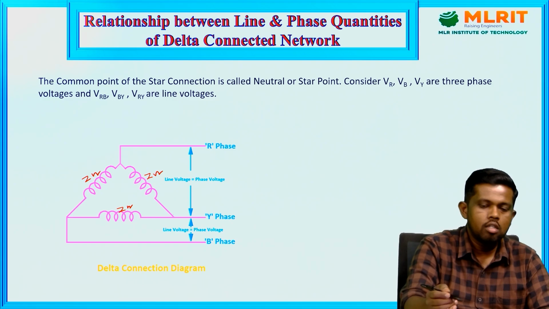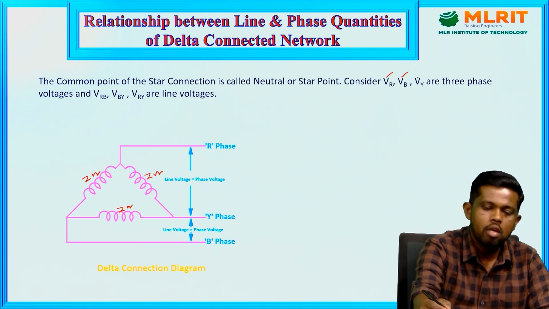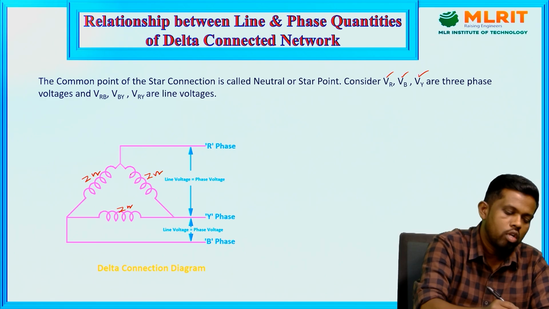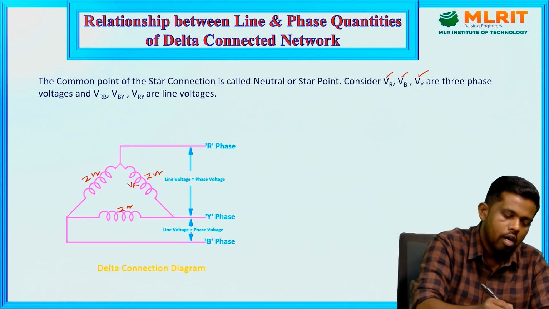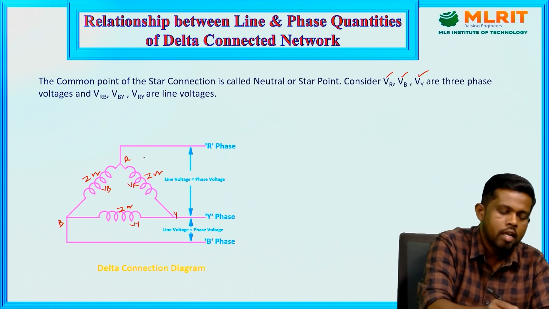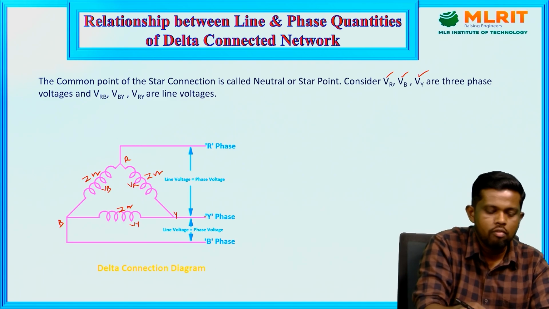Here VR, VY and VB are the three phase voltages. This voltage is called VR, this phase voltage is VY, and this phase voltage is VB, because it is R, then Y, then B. What this means is a tapping of the R phase, the Y phase and the B phase.